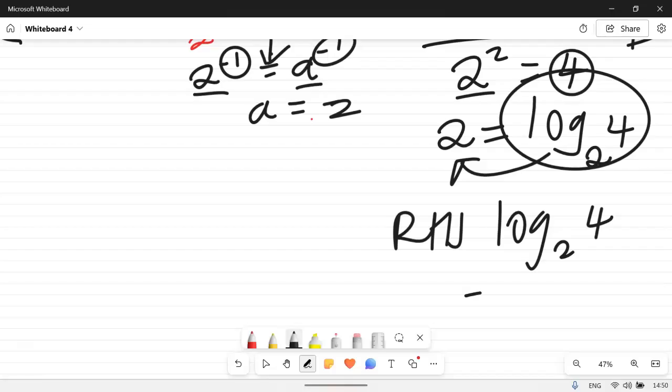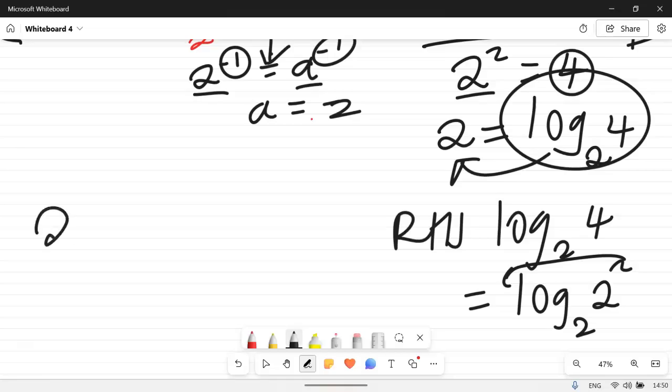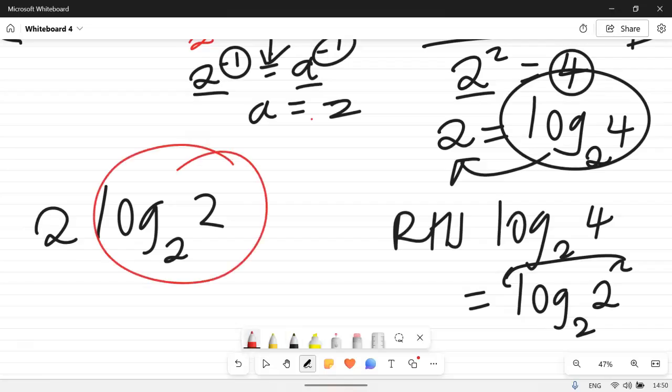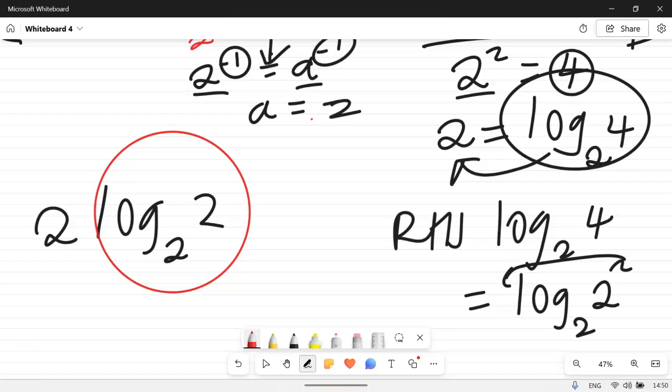Then this is going to give us the log with the base of 2, then 2 to the power of 2, and this can come this side, and I will write the answer this side so that you can see it, and this will be 2 and the log base 2 of 2. So in terms of the laws of logs, this will just give us 1. So this is the same as 2 multiplied by 1, which is simply 2.